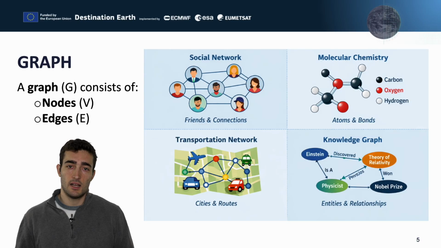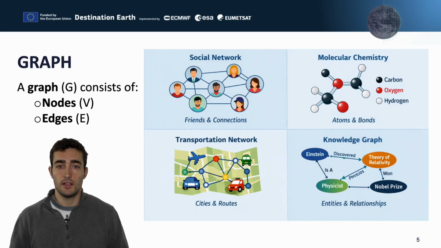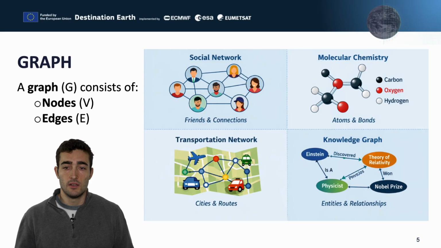The graph is just a tuple of nodes and edges. The nodes in an Earth system problem can represent locations, and the edges will represent relationships. In the case of Earth science, this relationship can be distances or any other thing, but these graphs are used across a lot of different use cases and fields.